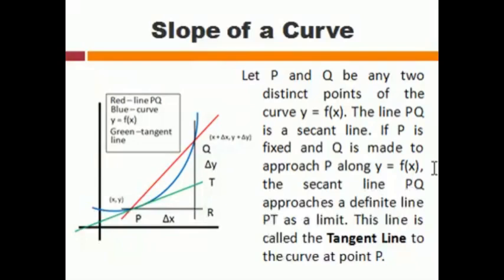If P is fixed and Q is made to approach P along y equal f of x, so Q will approach P along the curve, the secant line PQ approaches a definite line PT as a limit. This line is called the tangent line to the curve at point P.